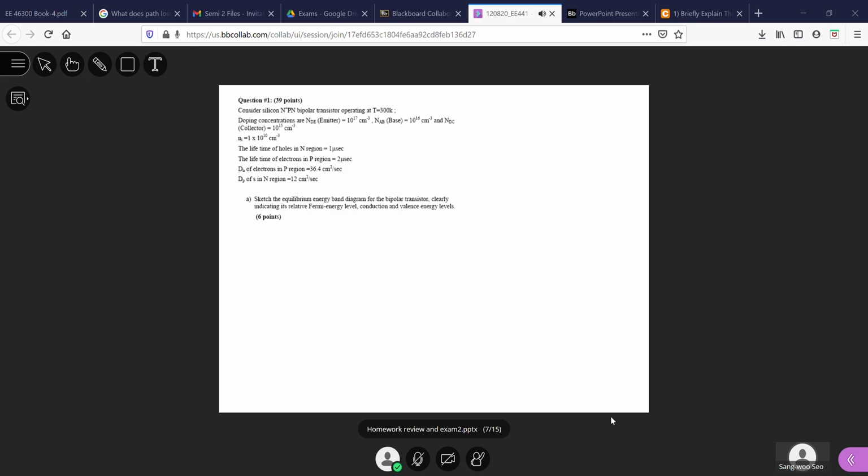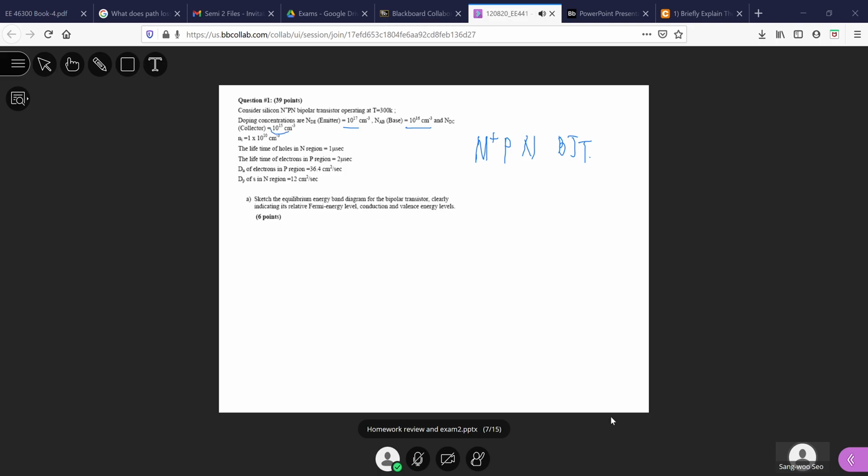The first question for the exam is we are looking at an n plus p n BJT, and their relative doping is given here.